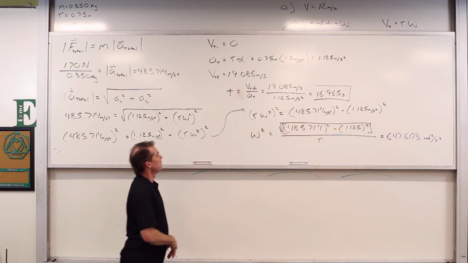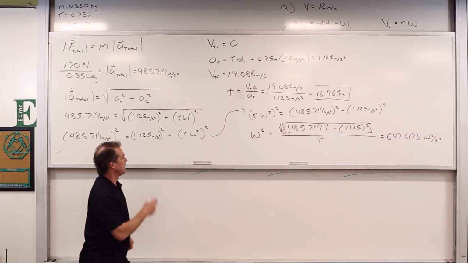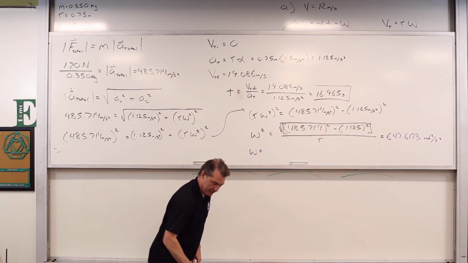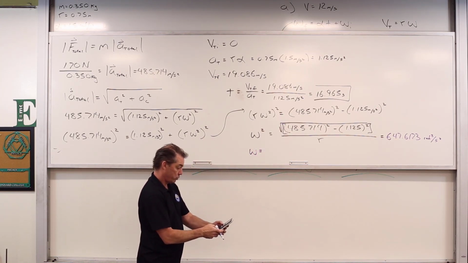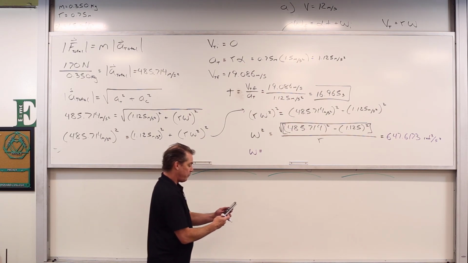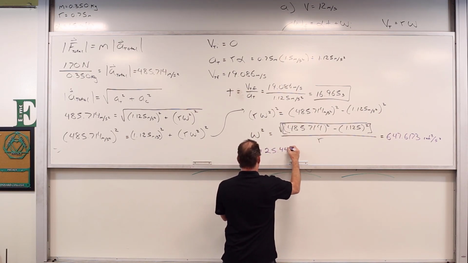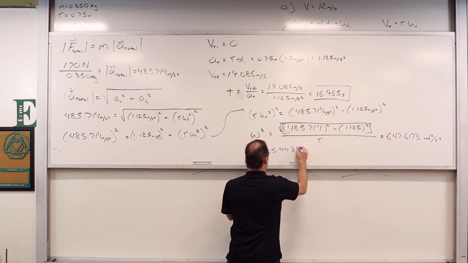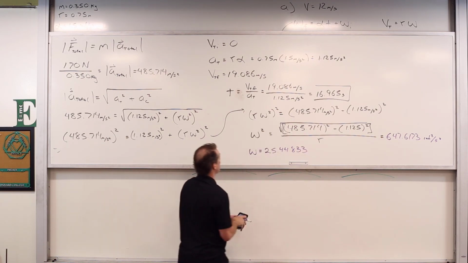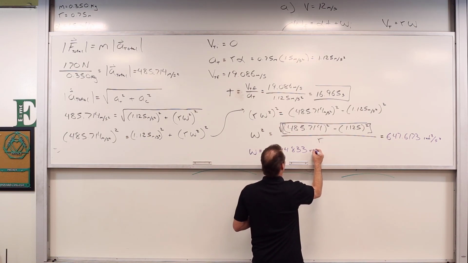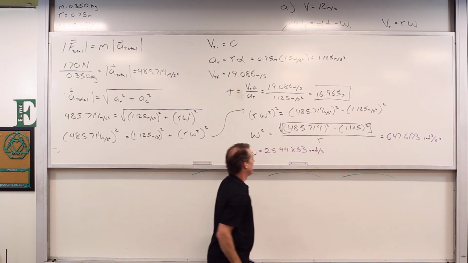Meters cancels out, radians pops in, and then we can take the square root of that, giving us that omega is then equal to 25.44833. I'm adding on some more significant figures. Let's see how close we can really get here. This is radians per second.